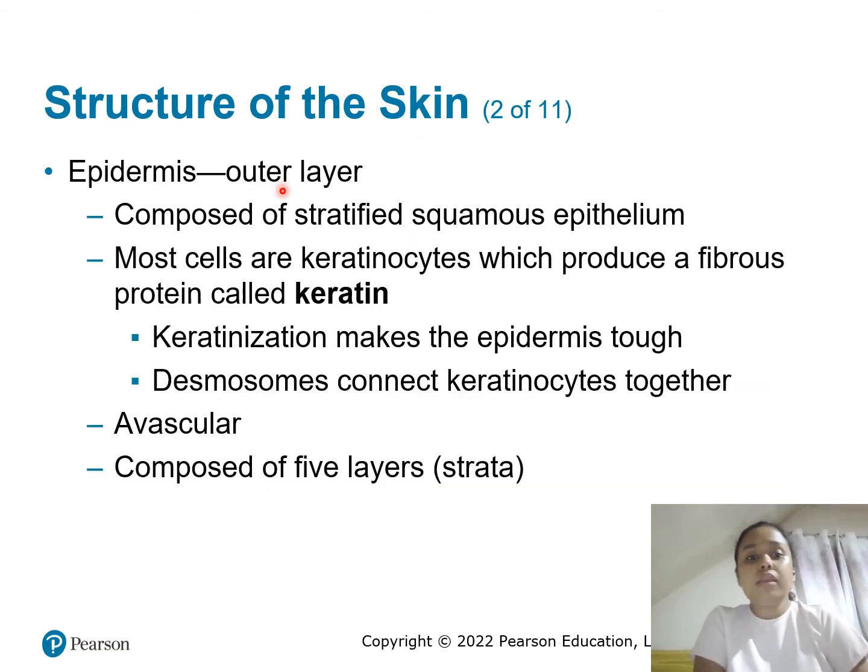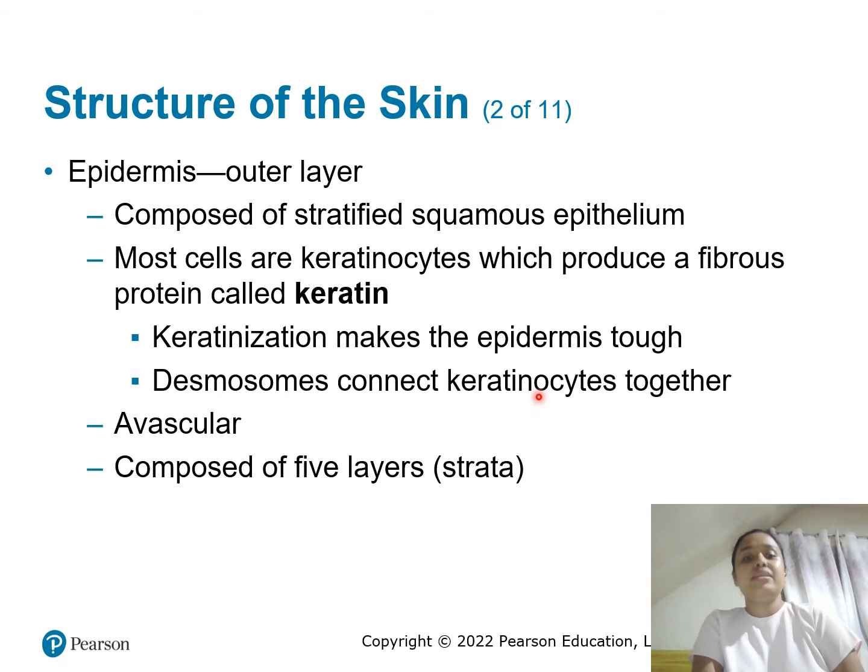Now, the epidermis again is the outermost layer of the skin. It has keratinized stratified squamous epithelium. Most cells are keratinocytes. They produce a fibrous protein called keratin. So that's keratinized stratified squamous epithelium, because keratinization makes the epidermis tough to protect us from the elements, and desmosomes connect the keratinocytes together.